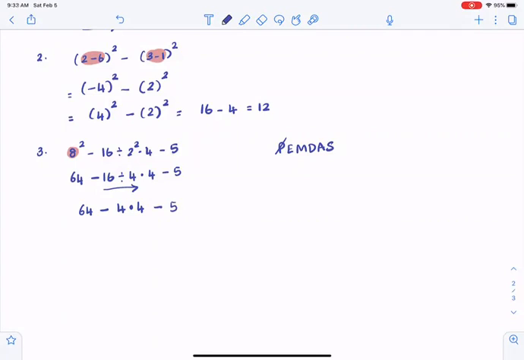We take care of addition and subtraction at the very end. So once again, I'm going to go from left to right. There is no division. All I have is multiplication. So I simply have to multiply 64 minus 16 minus 5, which would give me 48 minus 5. So the answer is 43.